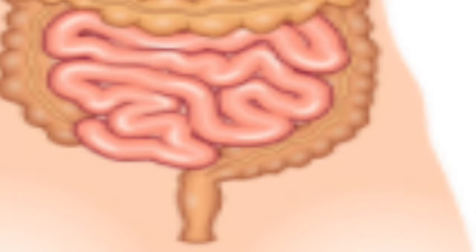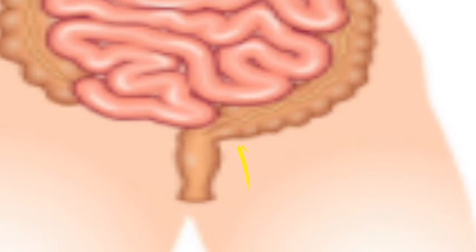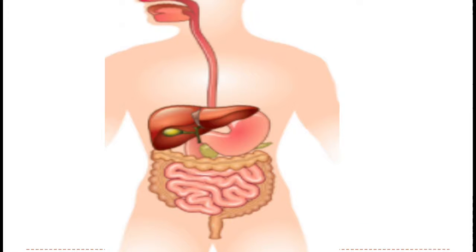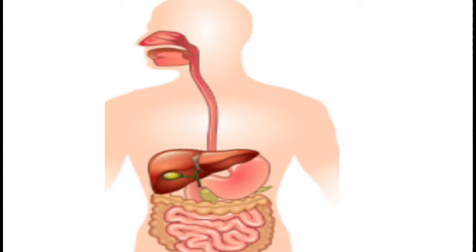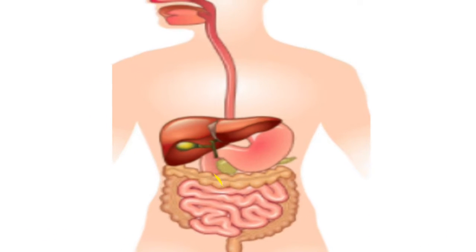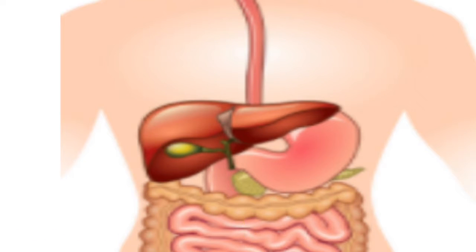This point is called the rectum, which is the storage place of the waste products, which are excreted through the anus, the last portion. Now what are the remaining portions? I didn't say anything about these portions beside the stomach.